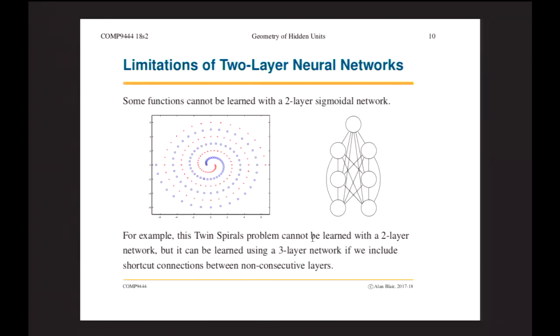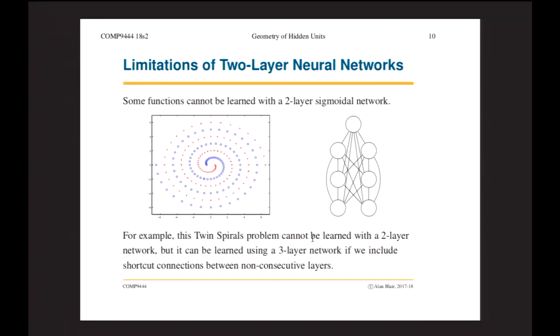It's supposed to output 1 for the blue dots and 0 for the red dots. This is called the twin spirals problem. If you train a 2-layer neural network on this, it fails. It can't learn the task because it's too complicated.